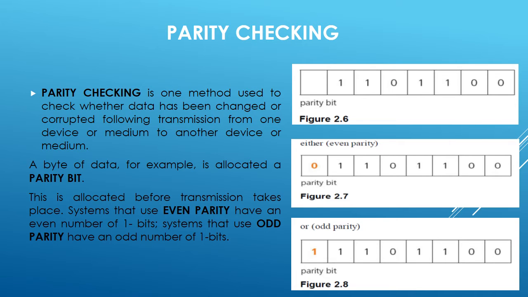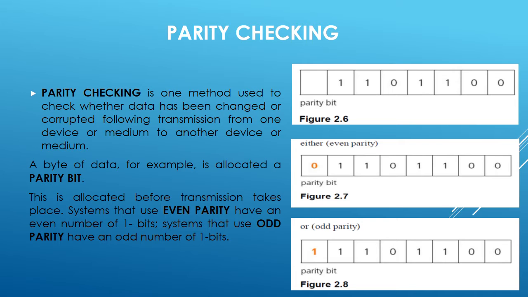To understand the concept of even parity and odd parity, let's consider an example. In figure 2.6, a byte is given. We need to set even parity and we need to set odd parity for this byte. In case we are setting even parity, we need to see how many ones there are.